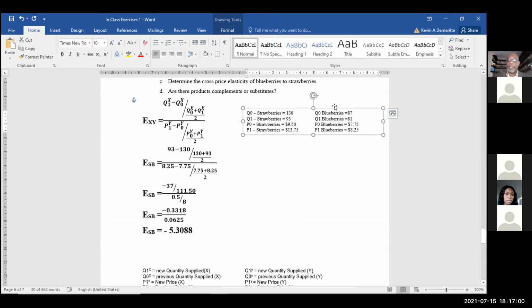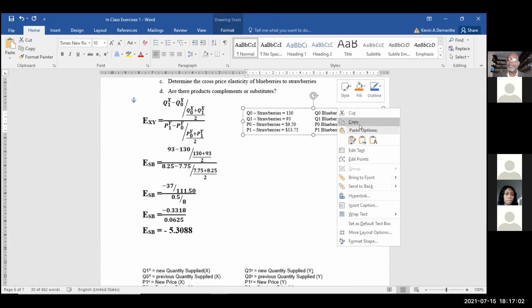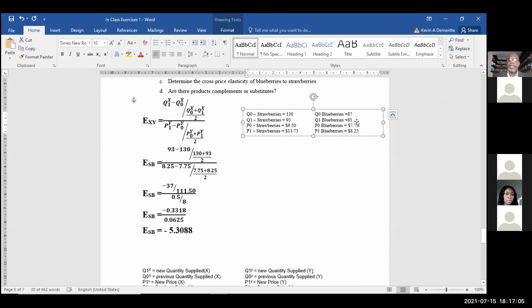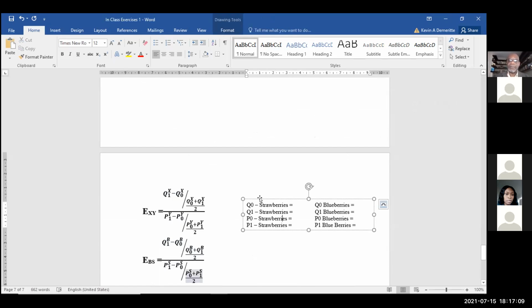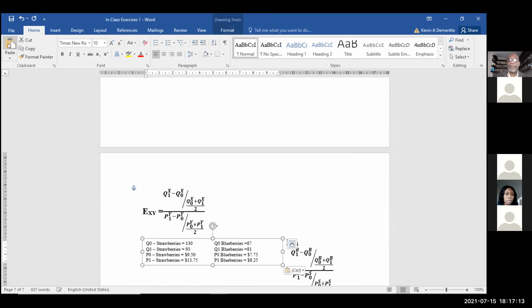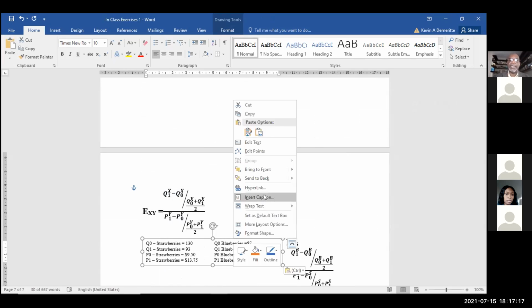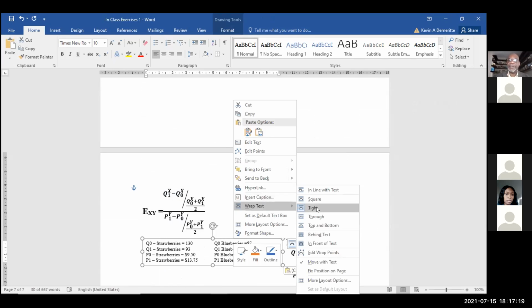Let me just copy the whole thing. Copy and paste.